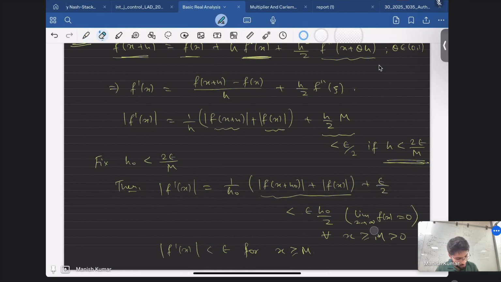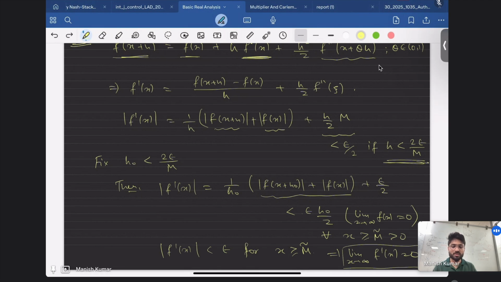So this tells you that the limit as x goes to infinity of f prime of x is equal to 0. I hope this is clear. It's just an application of Taylor's theorem.